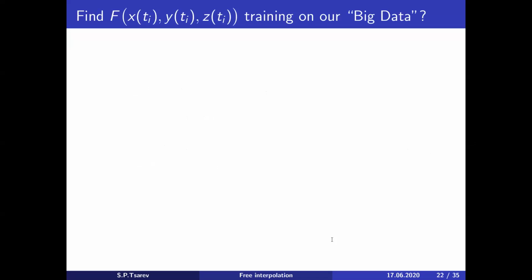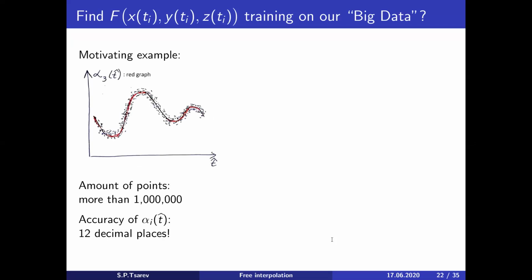Okay, let's at least omit the dependence on t hat, as we did. Fix t hat somewhere in between of our interpolation pattern. Then we have a function of 6 arguments at least, x, y, and z in 2 consecutive points with 15 minutes time step. Is it possible to train such a function and obtain it on our big data? At the first sight, that's what we did for our alpha coefficients.